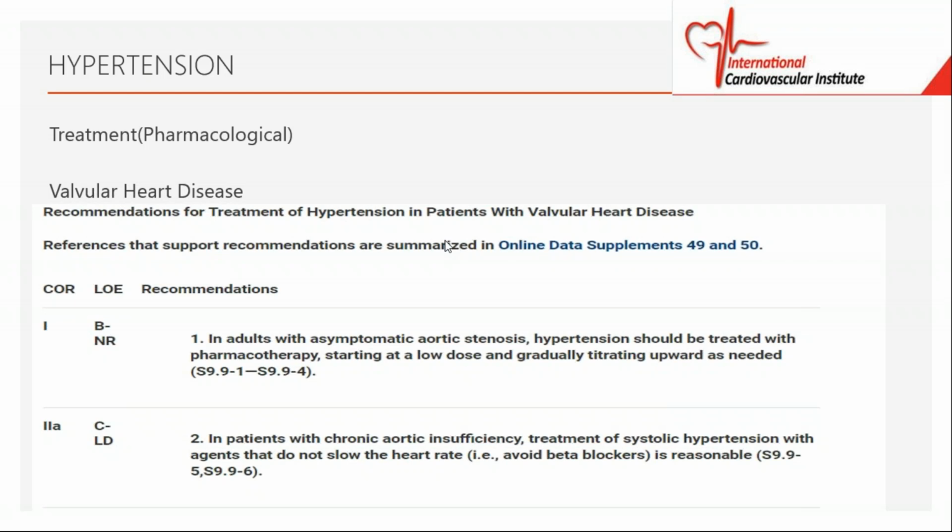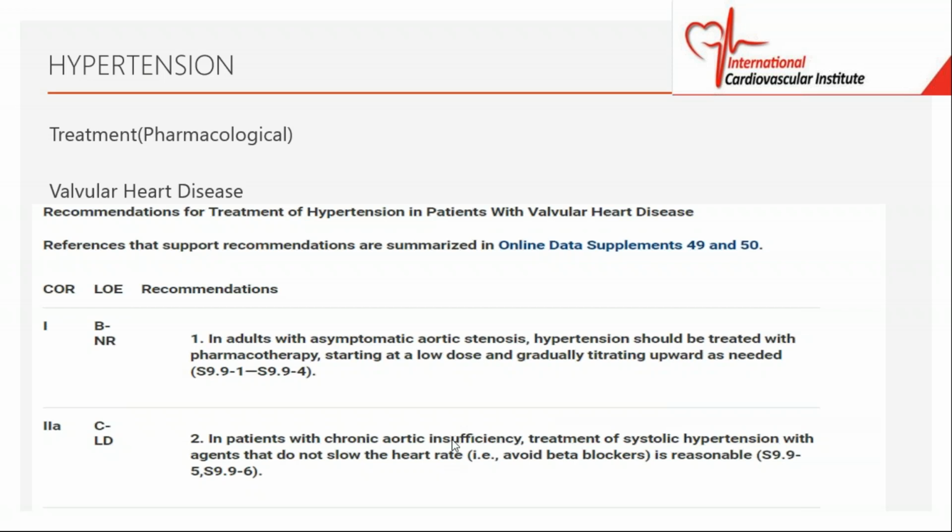I came across a cardiologist who was not treating patients with aortic stenosis and hypertension. I don't know where you got that directive from, but anyway, so you're going to treat the hypertension, but you're going to start with a lower dose and you can gradually titrate upward, but you're going to treat the hypertension.